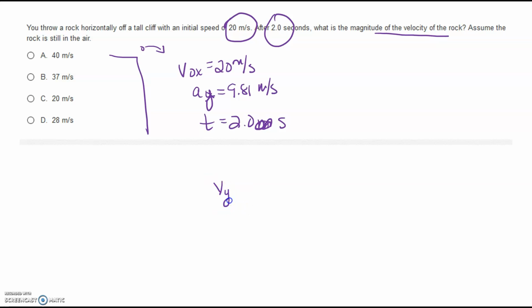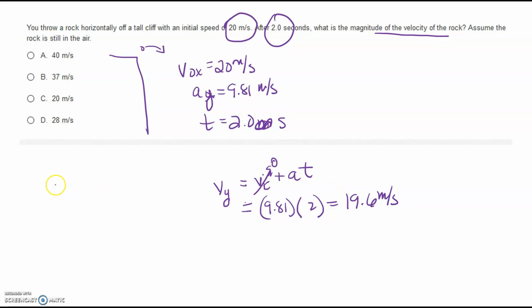So to find my v in the y direction, I used v initial plus at, where v initial is 0 in the y direction, because it's all in the x direction there. So I have 9.81 times 2, which is 19.6 meters per second.